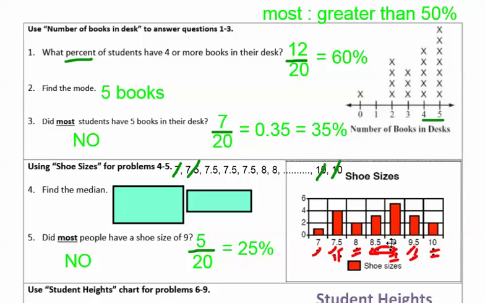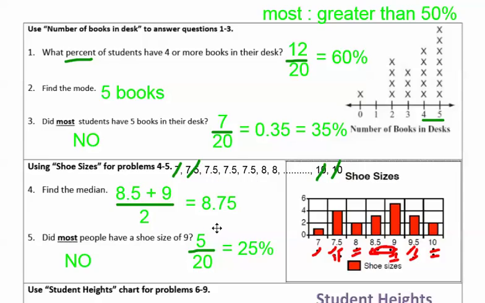We need to find their mean. So it's going to be 8.5 plus 9, because remember, if there's 2 middle numbers, we add them and we divide by 2. And that will give us 8.75 is our median.